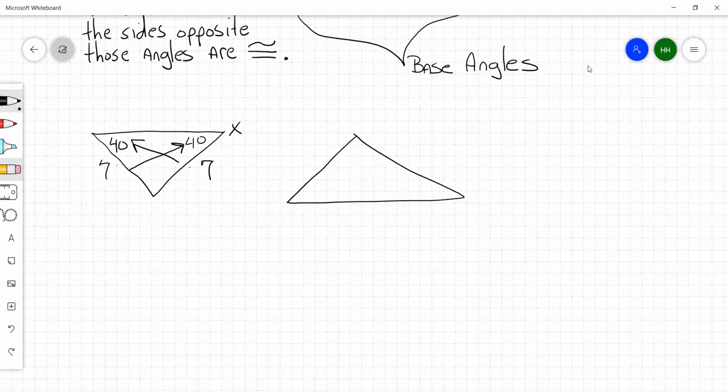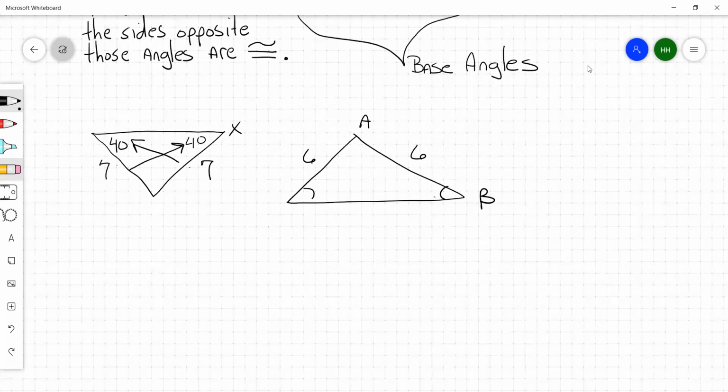In this case, if you get this picture, what's the length of side AB? 6. Very good. Because if two angles are congruent, then the sides opposite those angles are congruent.